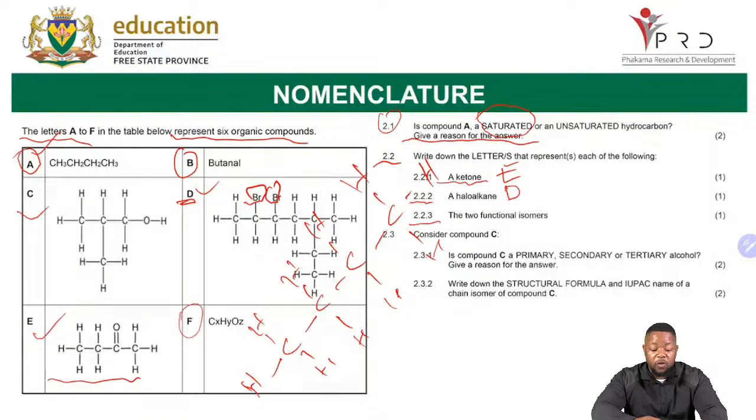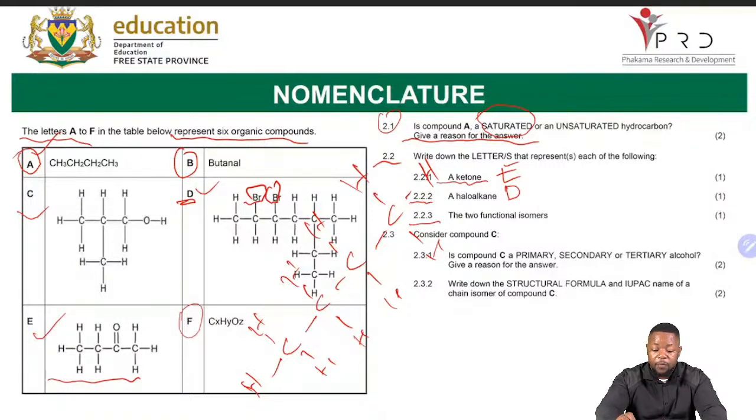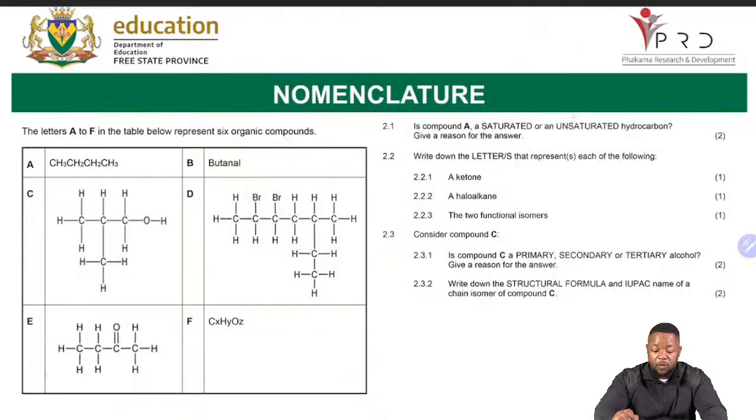We want to look for two functional isomers. I want to erase here so that we can look clearly. Remember, we were looking at the functional isomers earlier. The functional isomers should have the same number of carbons and the same number of hydrogens. That is the same molecular formula, but they must have different functional groups.